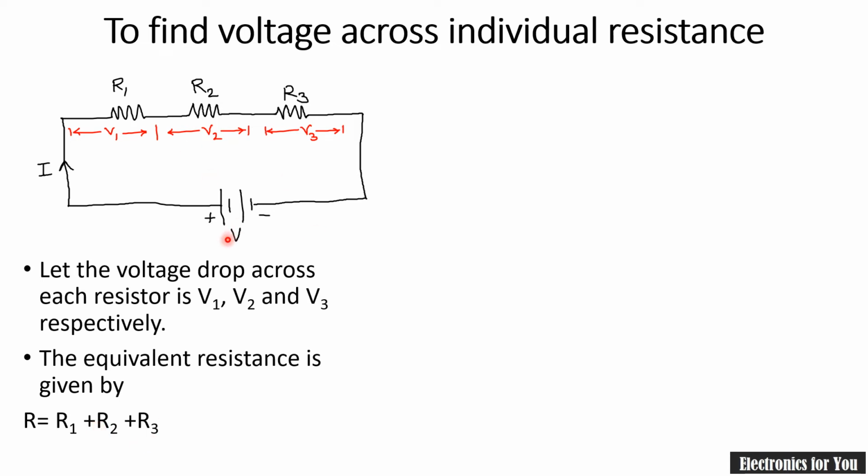Now if you want to find the current flowing through these resistances, then we have to use Ohm's law. By using Ohm's law, V equals IR, that is I equals V upon R, where V is our supply voltage and R is the equivalent resistance, which is equal to R1 plus R2 plus R3.